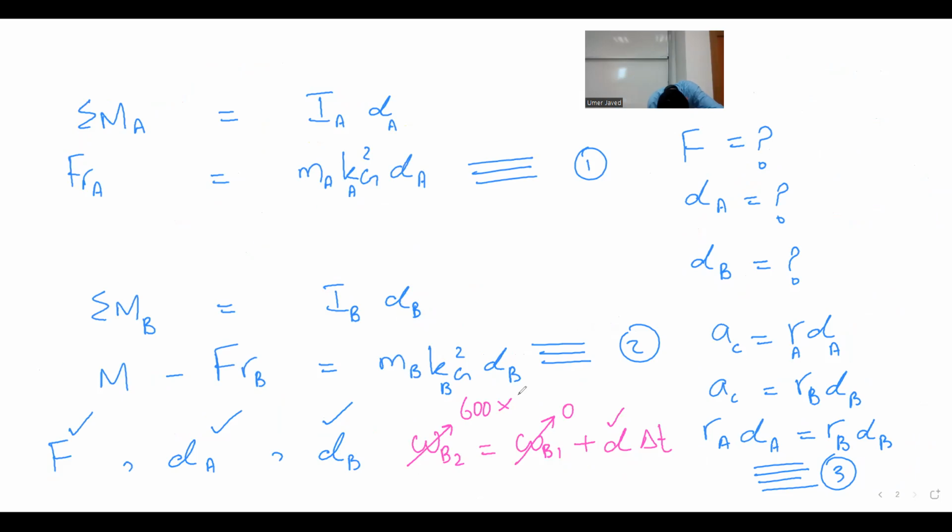I think it's pi by 180 divided by 60. Is it just 0.01 radian per second? Really? No.